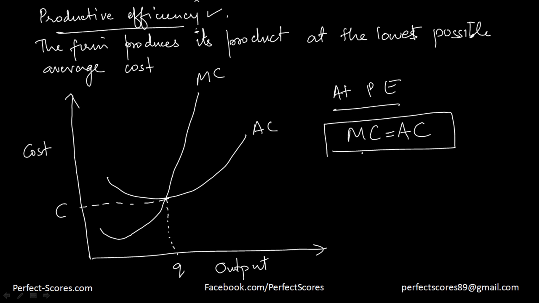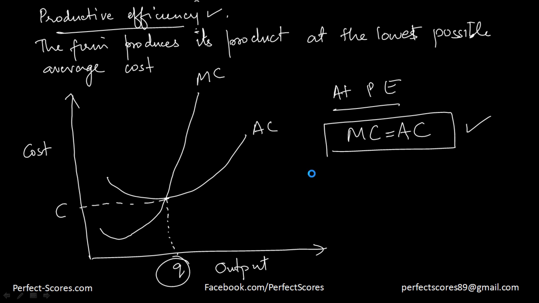That is very important. Productive efficiency matters in economics because we need to know whether a firm is using its resources efficiently or not. At this output, the firm is utilizing its resources completely and most efficiently.